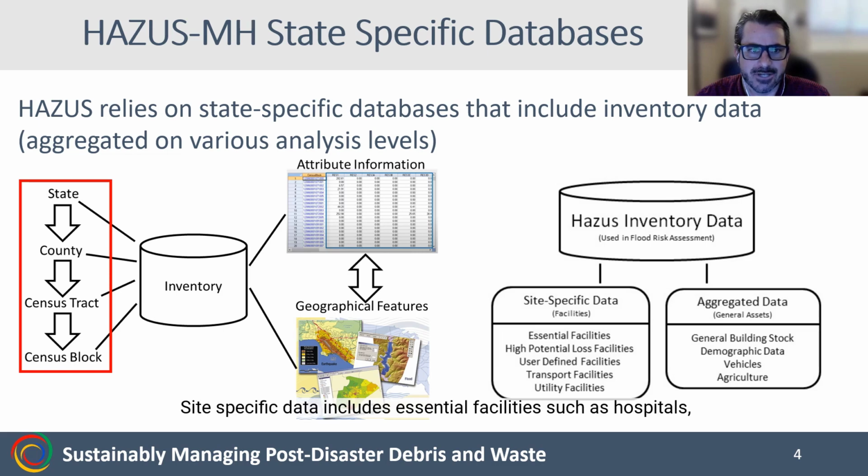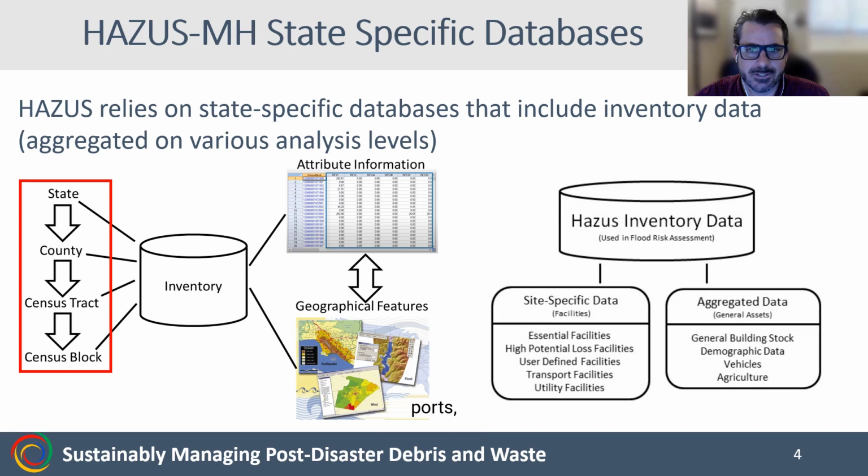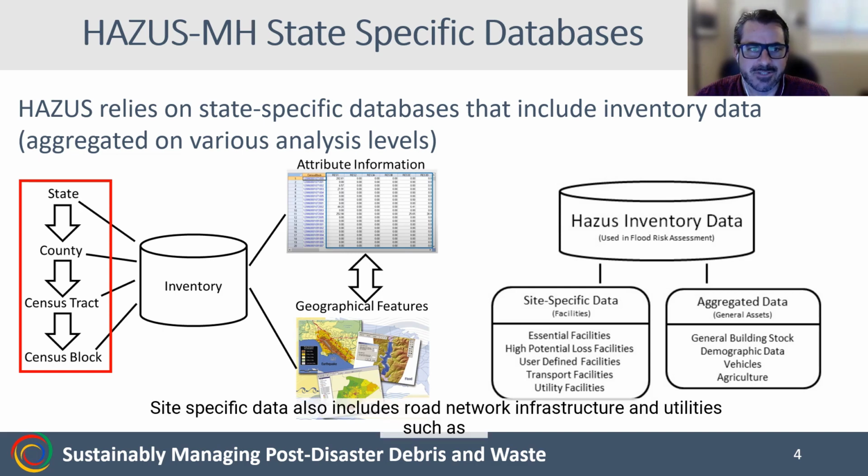Site-specific data includes essential facilities such as hospitals, schools, police stations, and medical facilities, as well as high potential loss facilities such as airports, ports, wastewater treatment facilities, and solid waste landfills. Site-specific data also includes road network infrastructure and utilities such as power plants.